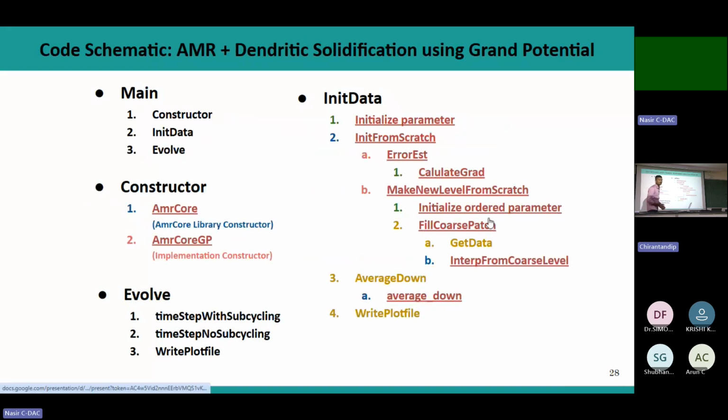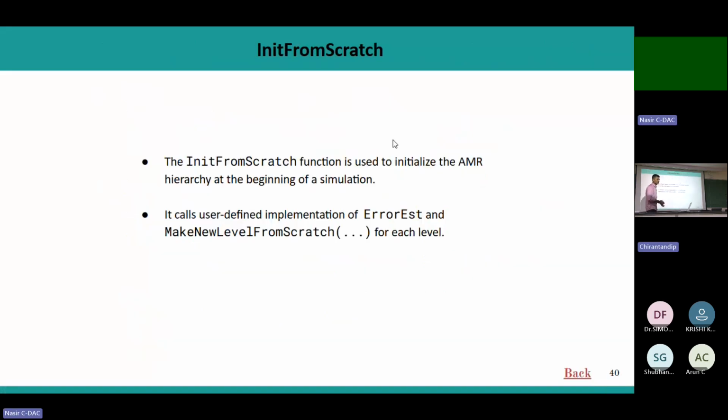Now here we start the actual AMR start. Now here I call this function. That function is used to initialize the AMR hierarchy at the beginning of the simulation.